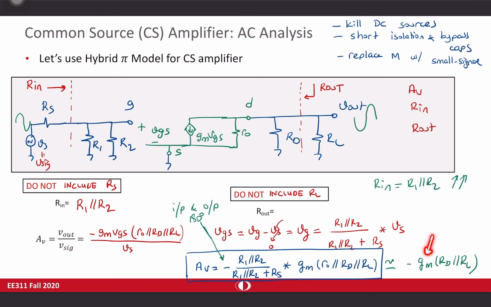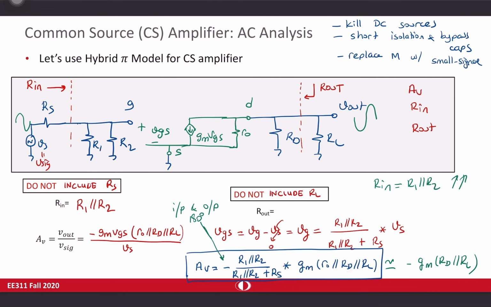If you increase the DC bias current, it's going to increase Gm, and therefore you are going to achieve larger gain. Or you have to choose large RD value as much as you can to have large gain. You cannot play with RL, unfortunately, because as I said before, RL is set by the end user. You don't have any control on the load resistance.